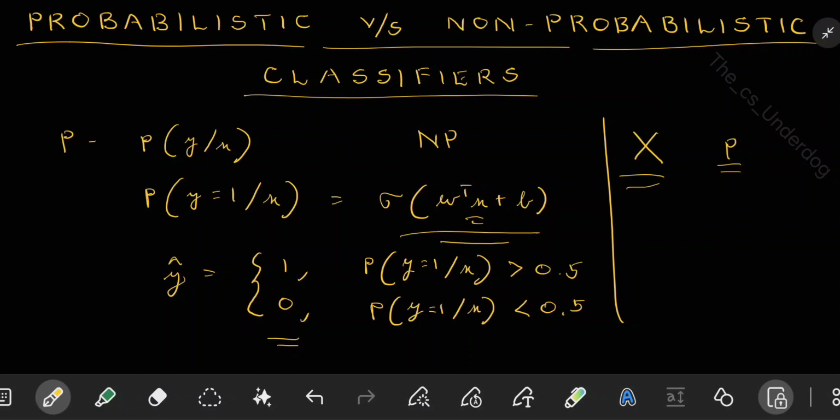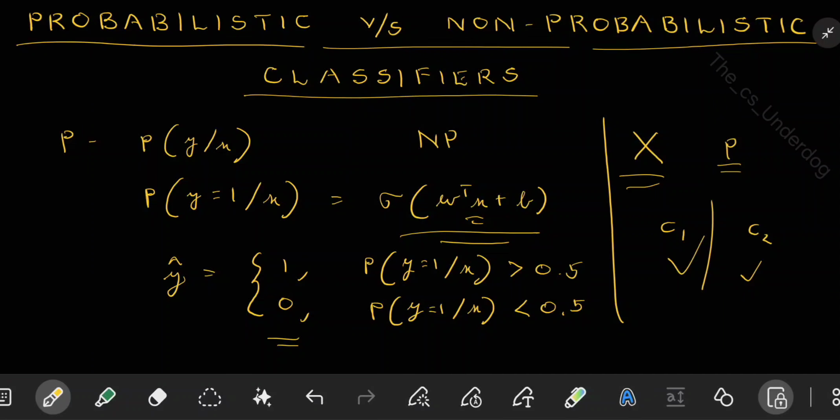It is simply going to use, let us say, a discriminant function or a decision boundary. By using some technique, it just wants to separate between classes. It will say this is class 1, this is class 2, but I don't know how likely each example is. I simply know that it belongs to class 1 or class 2. This is what a non-probabilistic classifier does.